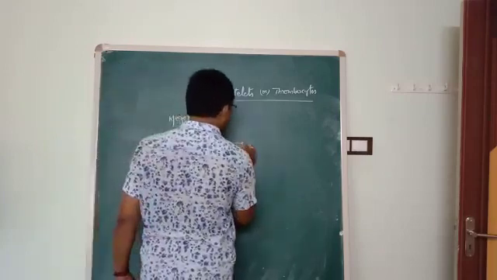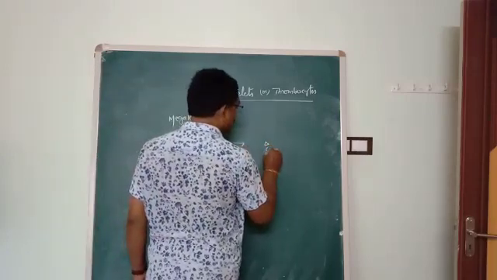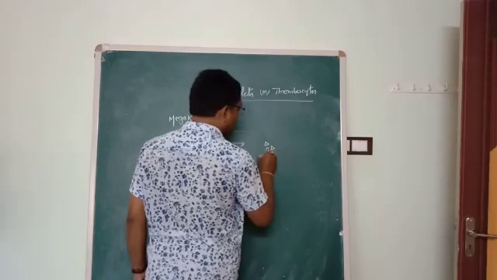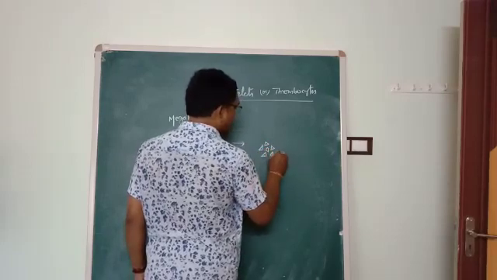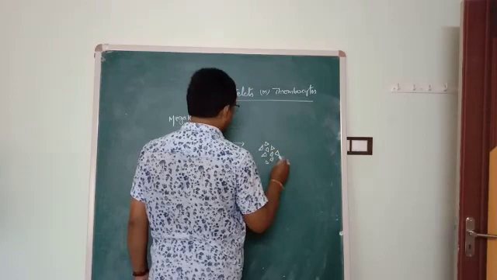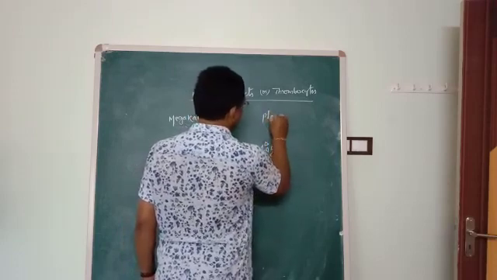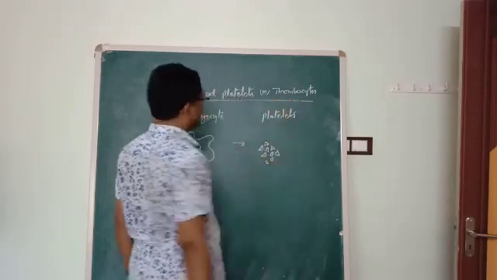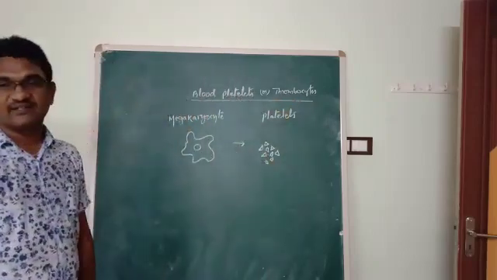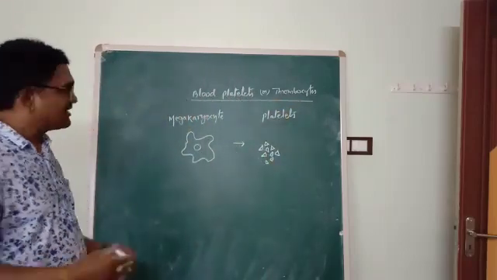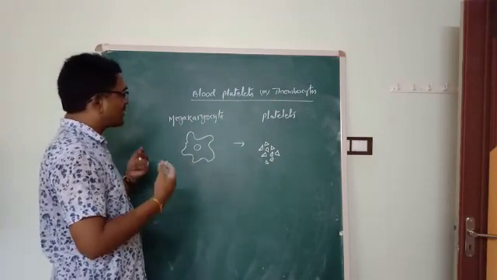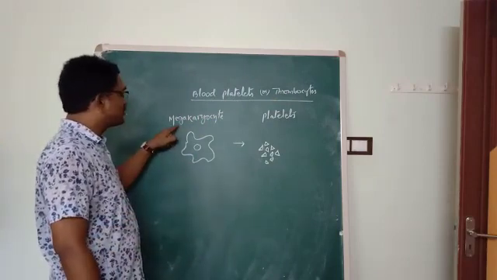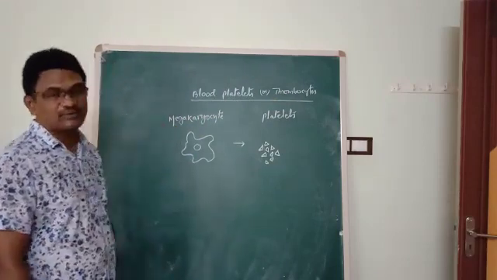This megakaryocyte breaks down to form irregular enucleated fragments. These fragments are platelets. So what are platelets? These are not true cells, but cell fragments of megakaryocytes of red bone marrow.